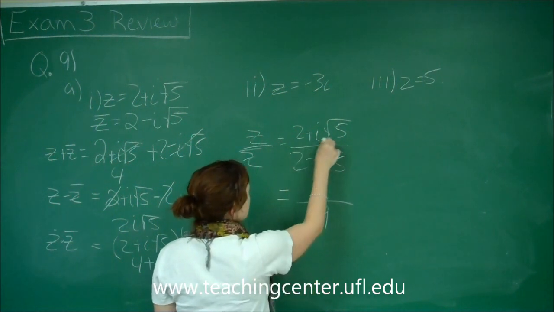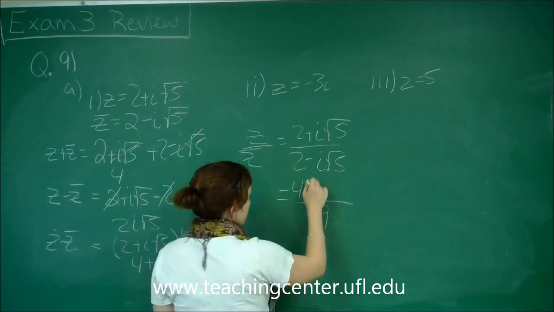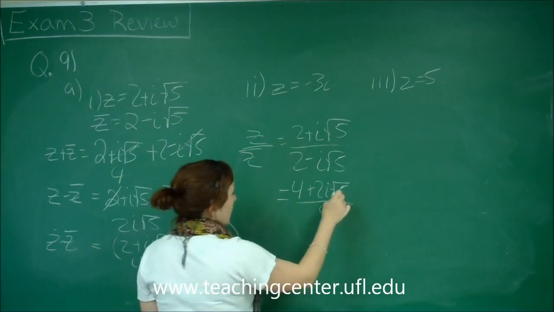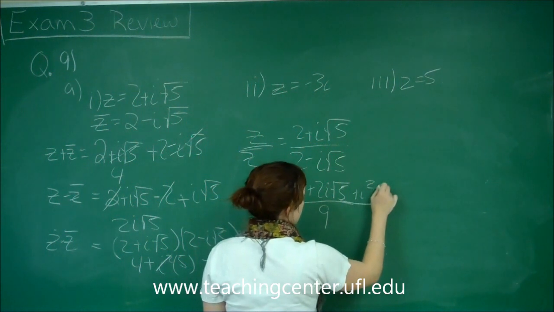And the top is 2 plus i square root of 5 quantity squared. And so that gives us our first term squared plus 2 times our second term plus our second term squared, which is plus i squared times 5.